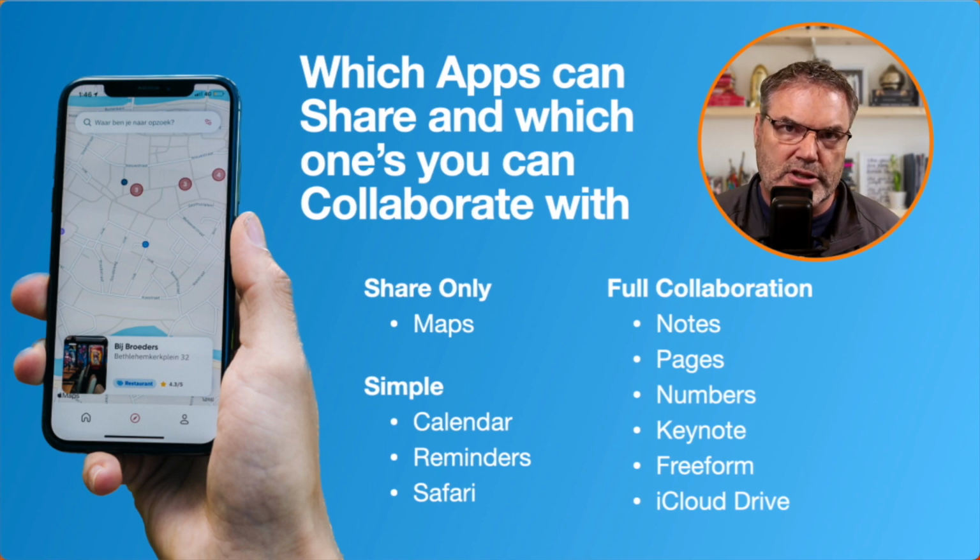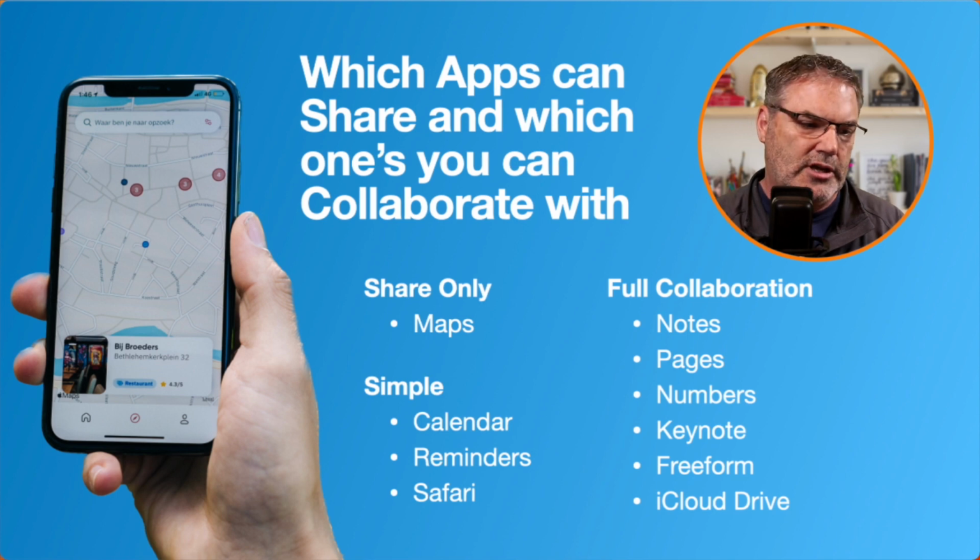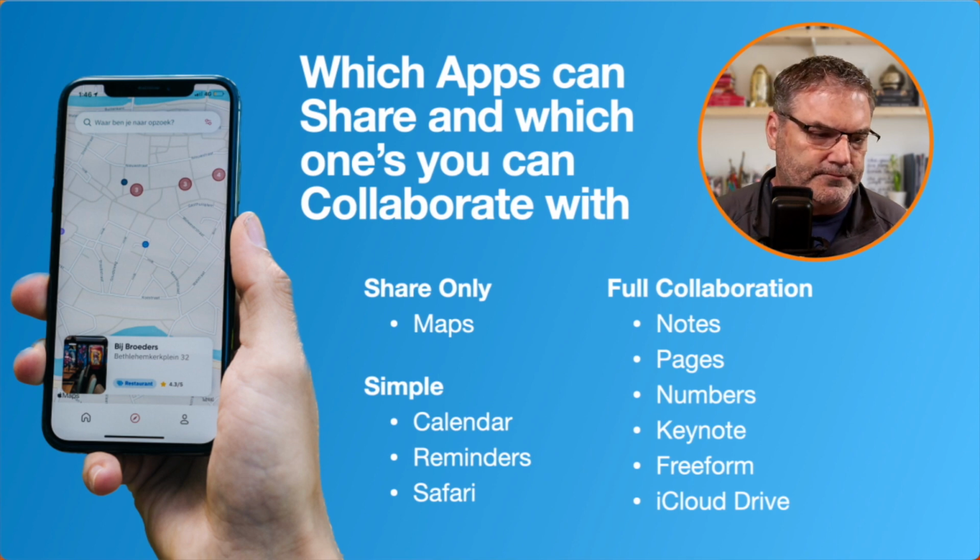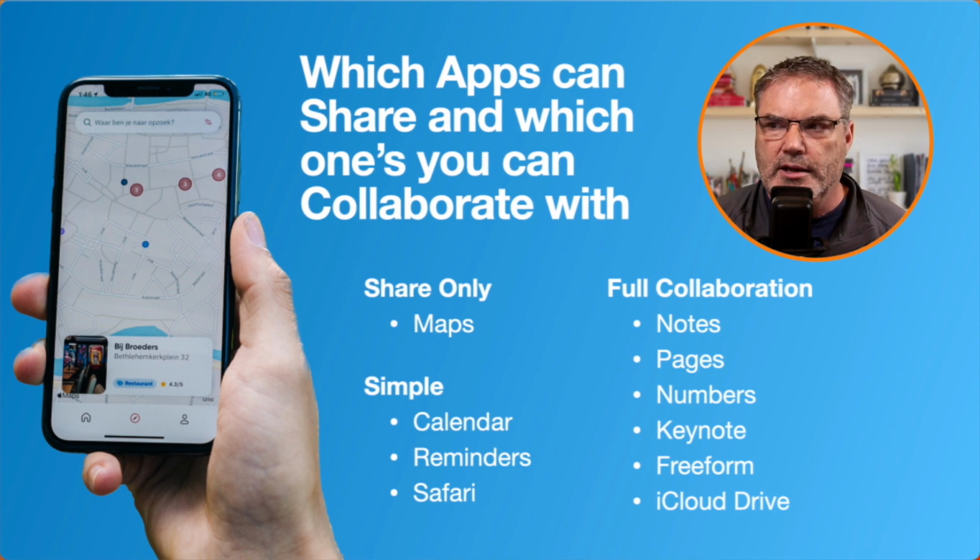If I was sharing something with Steve, and let's say Chris, I could say, Chris, you can manipulate it and make changes to it, and Steve can only look at it. So you can get a little bit more granular with this as well. You can make it on a document level or more granular.